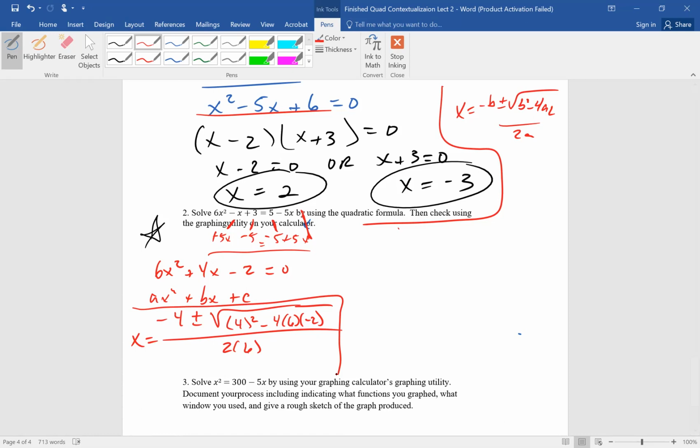Might as well just keep going. Minus 4 plus or minus the square root of 16. Now notice a negative and a negative is a positive, and all I'm doing is 4 times 2 is 8, times 6, that's 48, all over 12.